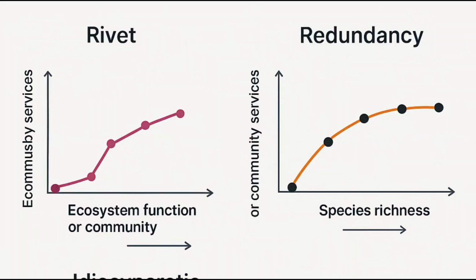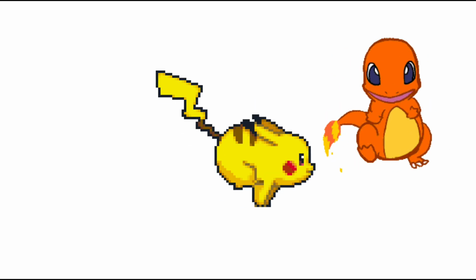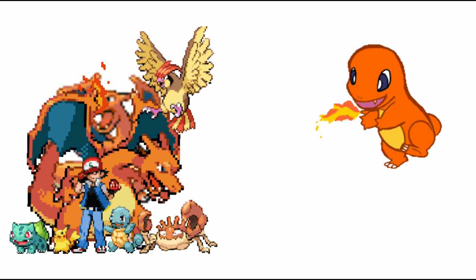Then the second one is the redundancy hypothesis, which was given in 1992 by Brian Walker, and the idea was many species play a similar role. Many have the same role, so it represents redundancy. So the loss of one species may not affect the function, because others can compensate, that is, fulfil the others' work.